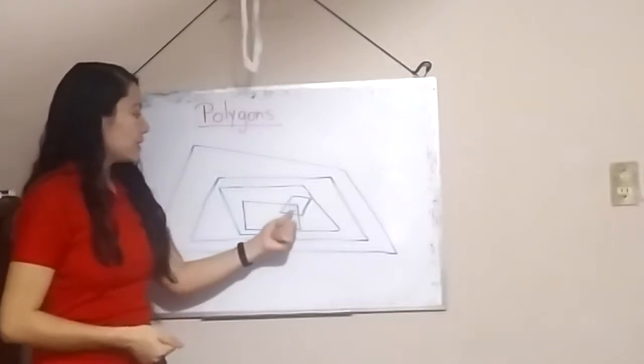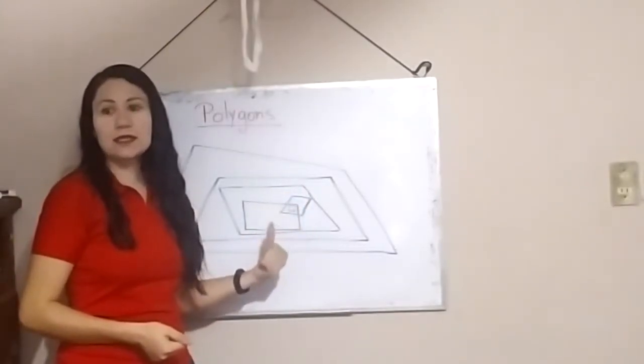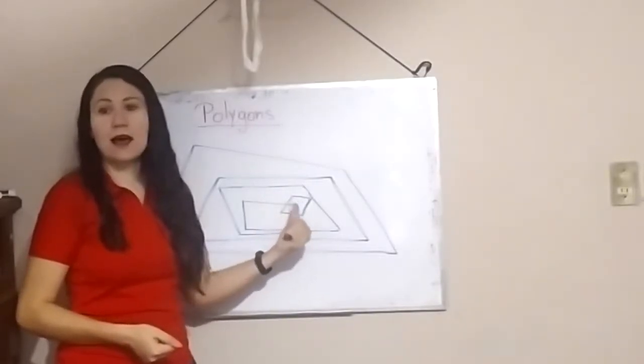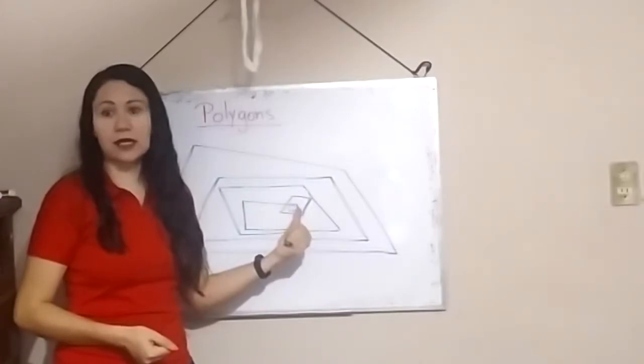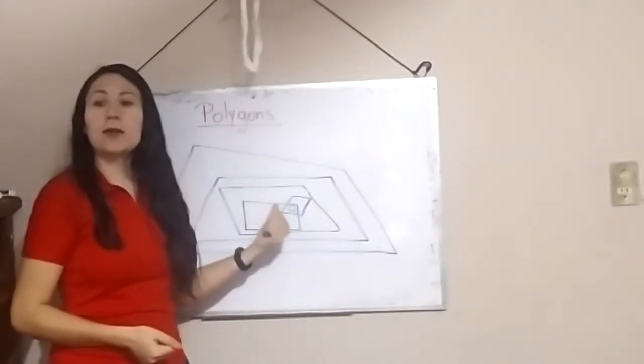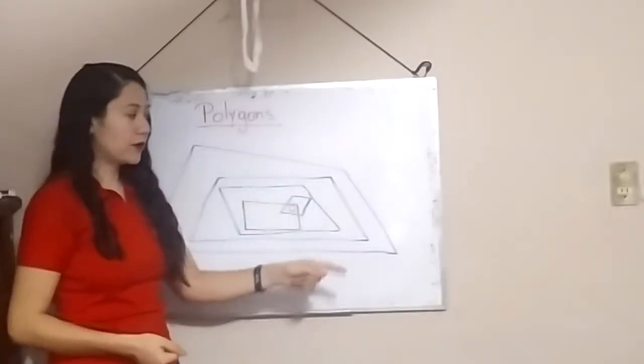Now, you see that this figure here is not included inside the rectangle. Why? Because it doesn't have right angles, okay? So it's not inside of this characteristic, but it is inside the characteristics of the parallelograms, okay?